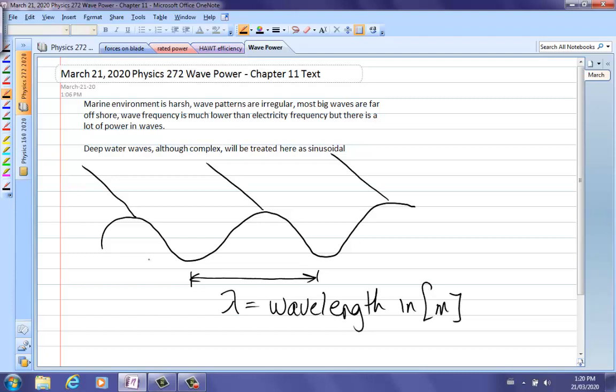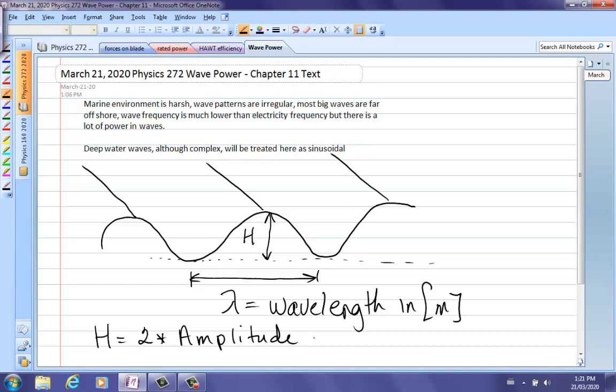Now the formulae here use peak to trough height, but remember that is not amplitude. So peak to trough we'll call capital H, and so H is 2 times the amplitude, because amplitude is from 0 up to the peak or from 0 down to the trough.